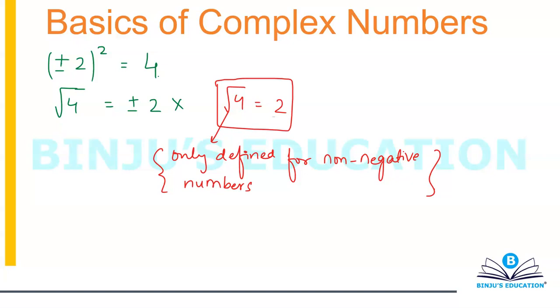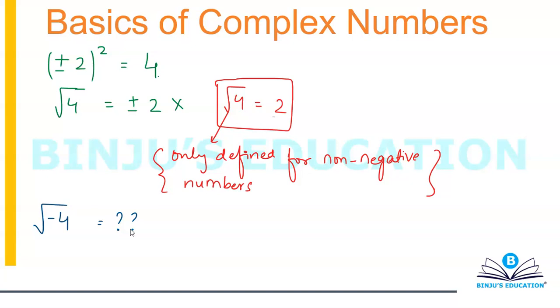Hence the question came that, alright, fine, now you have defined root only for non-negative numbers. What if you have a question which asks you to find the value of root of negative 4? How can one solve this? This became a curiosity for mathematicians: if you have under root of minus 4, how can you solve this?